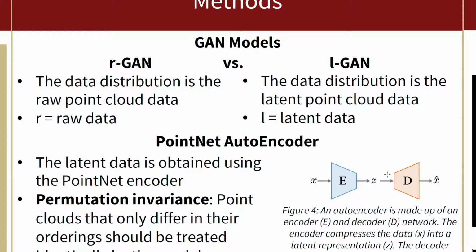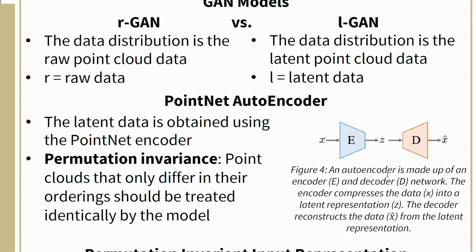Now, as opposed to just any old autoencoder, PointNet is special because of the permutation invariance properties of point clouds. What permutation invariance means is that when you have a point cloud, you can reorder the points within this point cloud and still obtain the same object and the same exact point cloud itself.